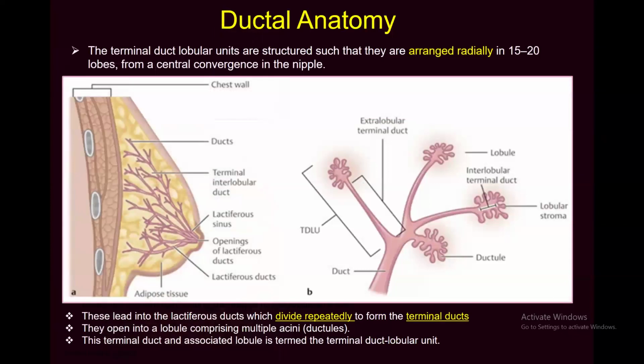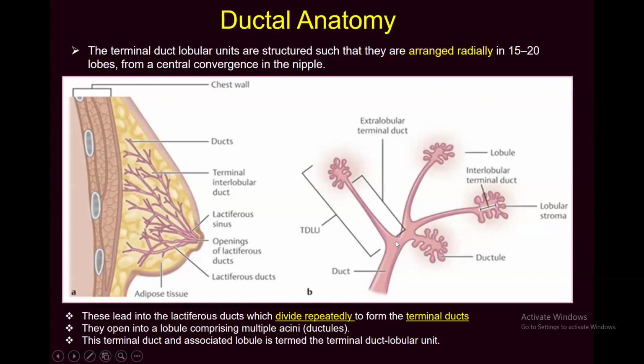We can see it further. Here we can see the arborizations of this ductal system into numerous smaller ducts, from large ducts around the nipple into smaller and smaller ducts, going toward the terminal duct lobular unit.